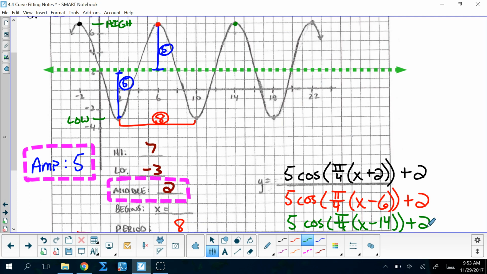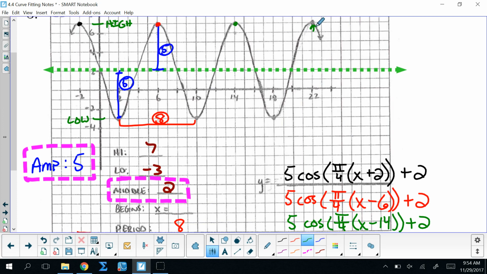If I went to the next one, if I went to this one right here, it would be 5 cosine pi over 4 times x minus 22, then plus 2. Nina. So the start is positive 2, right? Like where you started, like the red.